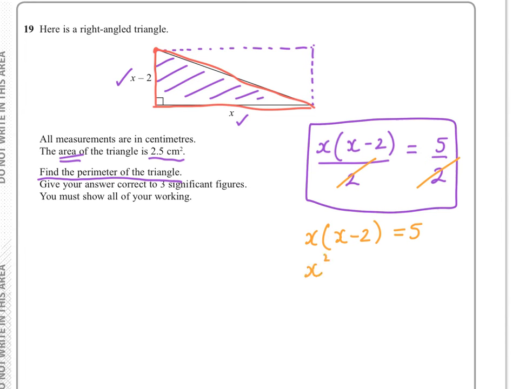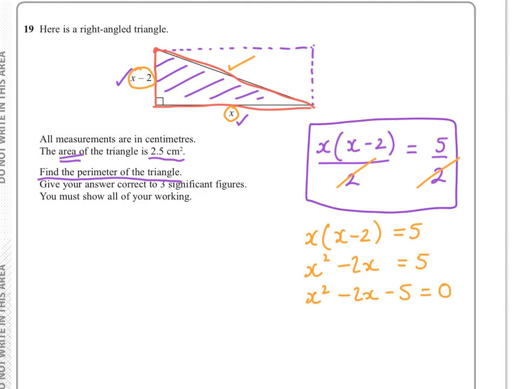Then I could multiply this out, take 5 from both sides, and I'd end up with a quadratic in x. That should allow me to find the value of x, and once I've done that, I can find the perimeter because I can work out what x is, I can take 2 from x, and then I can use a little bit of Pythagoras to find the longest side. I can then add those 3 answers together, and that would give me my total perimeter.